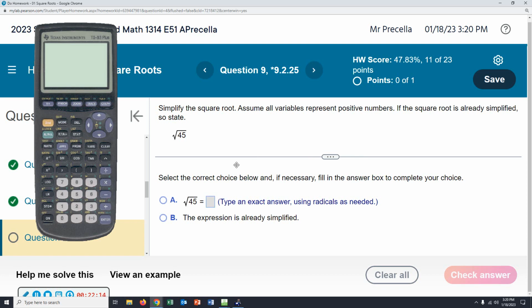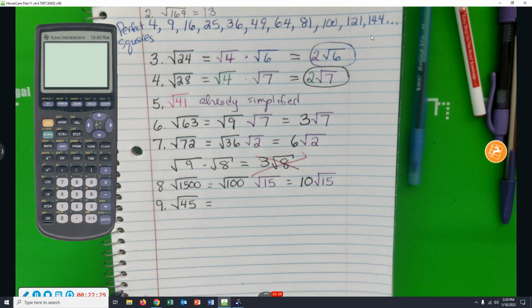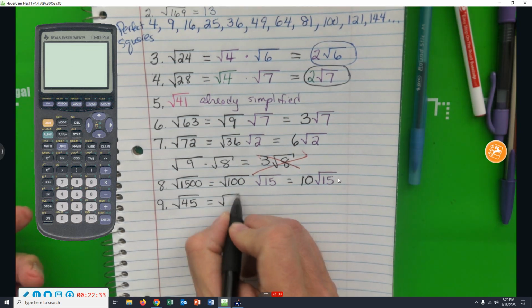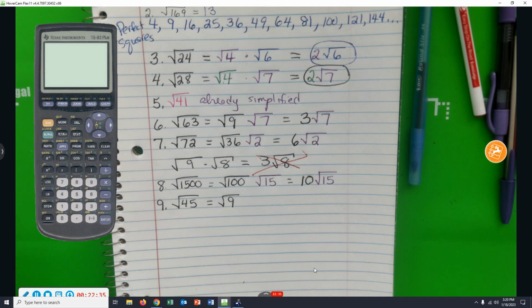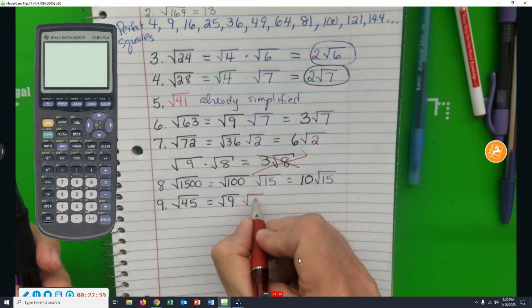Easy or hard? Problem 9. What do y'all think? Easy or hard? Is 45 a perfect square? Say no. No, it's not a perfect square. So what's the biggest perfect square that divides evenly into 45? 9. 9 times what? Not 9 times 4, that's 36. 5, 9 times 5.